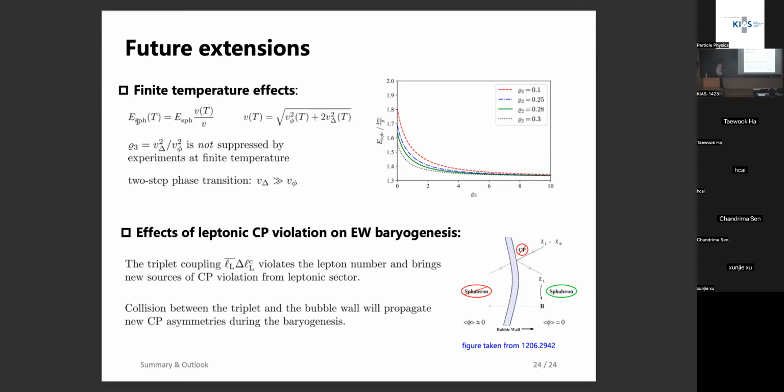So hopefully this new source of CP violation will be transferred in the collision between the triplet and the bubble wall, and this can cause sizable effects during the baryogenesis process.